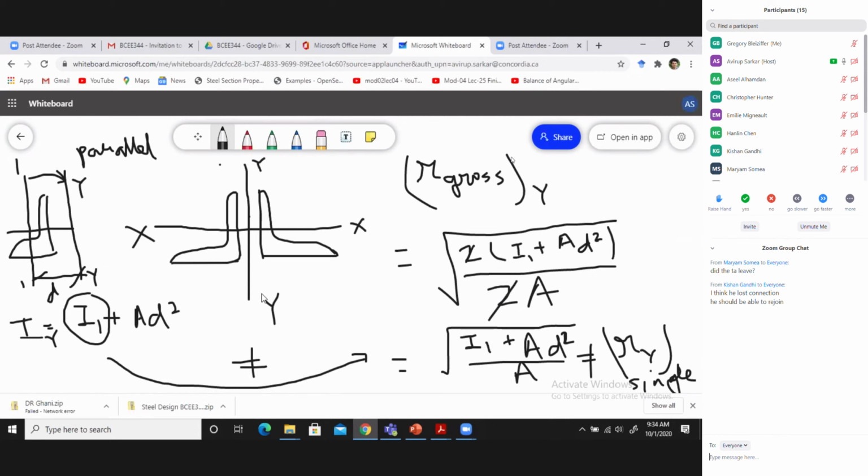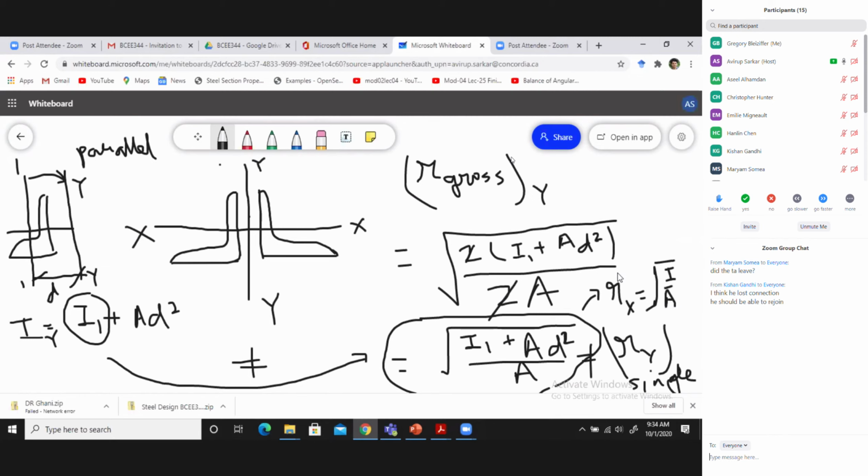So for the y axis, if you choose two angles, you need to make this modification and calculate the ry like this formula. But for the horizontal axis, rx remains the same for the gross for the two sections. And then you need to compare between ry gross by this formula with the rx that still remains root over I by A as we had checked.